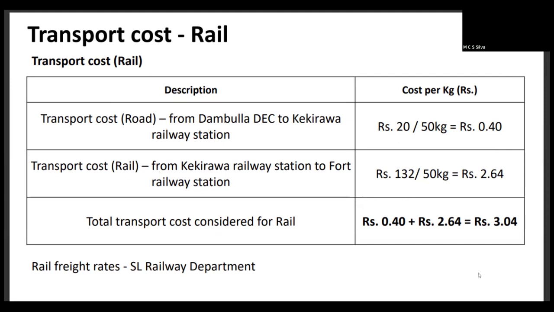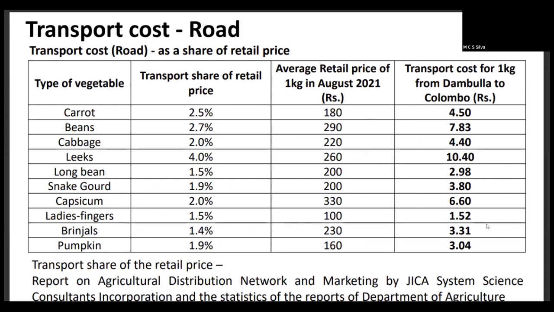The total transport cost per kg when you transport vegetables from rail is constant. That is 3 rupees 04 cents. Whereas if you look at the previous slide, transport cost of road method is different when it comes to each and every vegetable.